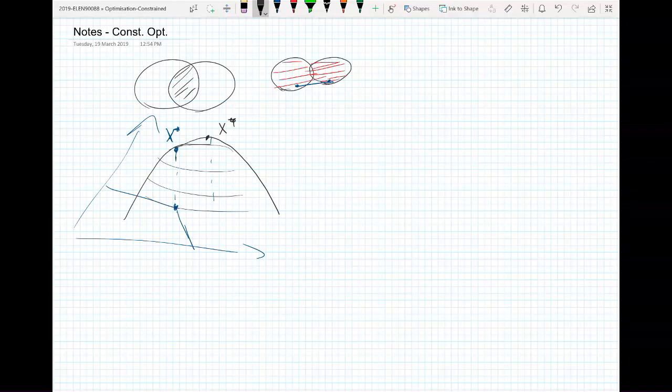And the other one is not, because it's outside the constraint set. This is the unconstrained optimum. So these are the f values: this is f of x star, and this is f of x constrained star and unconstrained star. So this is x unconstrained, and then this would be the x constrained star.